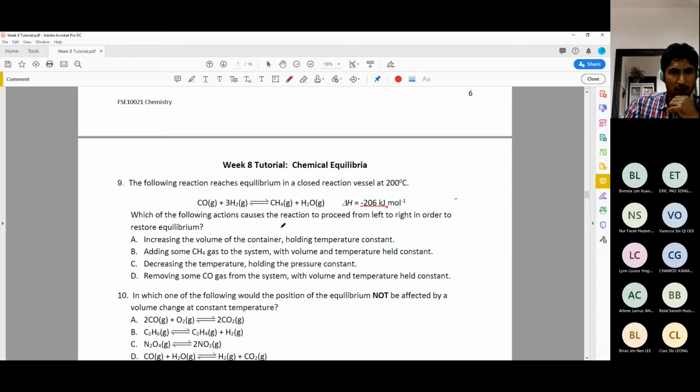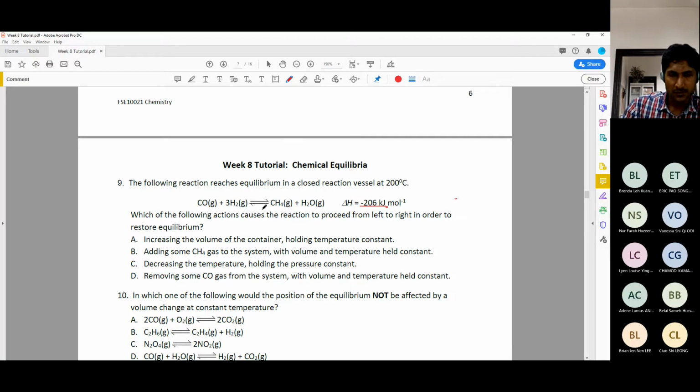Which of the following actions causes the reaction to proceed from left to right in order to restore equilibrium? Let's say the equilibrium was disturbed.